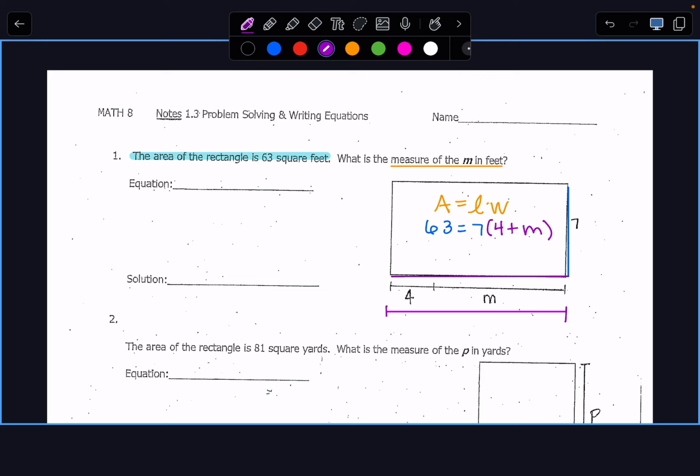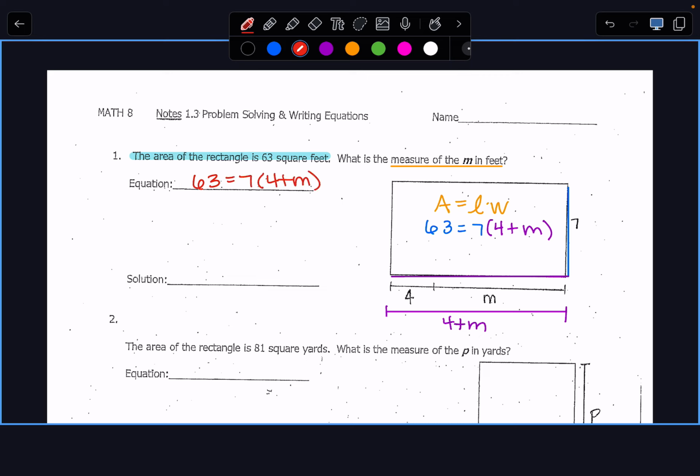Now, since we have to add 4 and M together, I'm going to put those in parentheses so that we can multiply by 7. So what I want you to write right here is 63 equals 7 times (4 plus M).